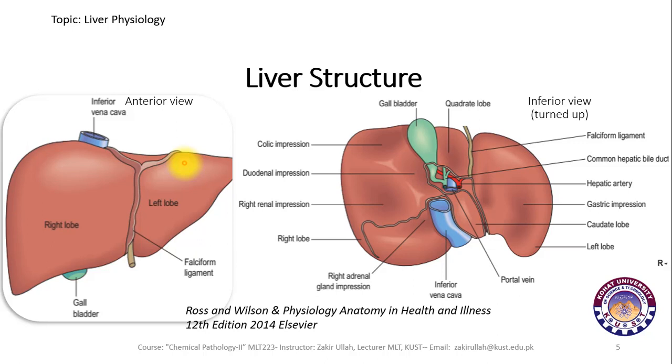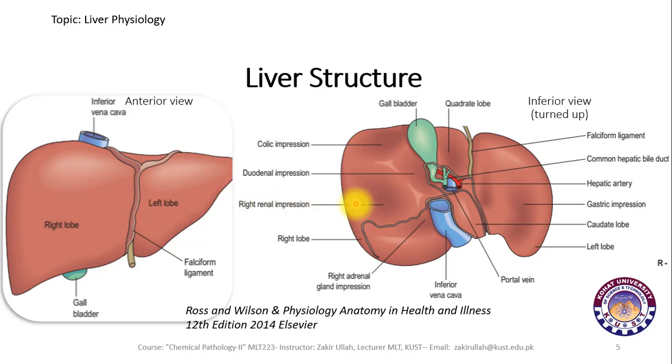In the anterior view, we can see the 2 major lobes of the liver, the right lobe and the left lobe. These 2 lobes are separated from each other by a ligament called the falciform ligament.